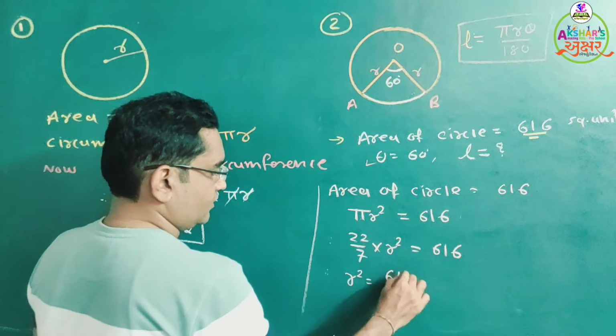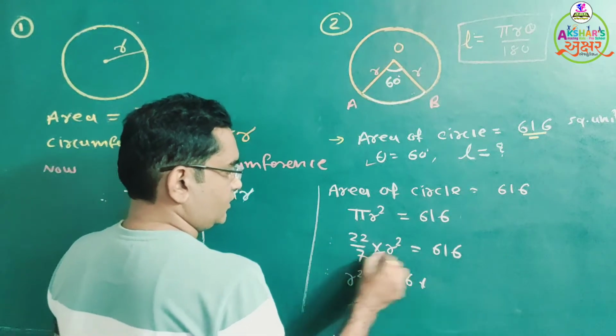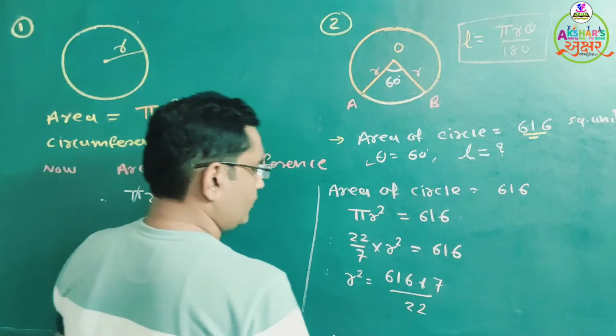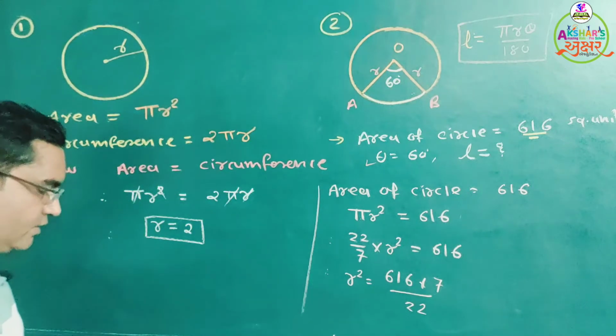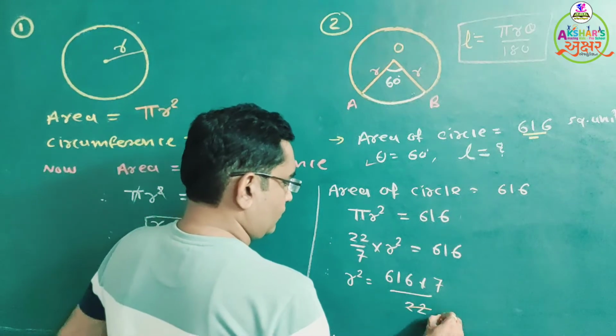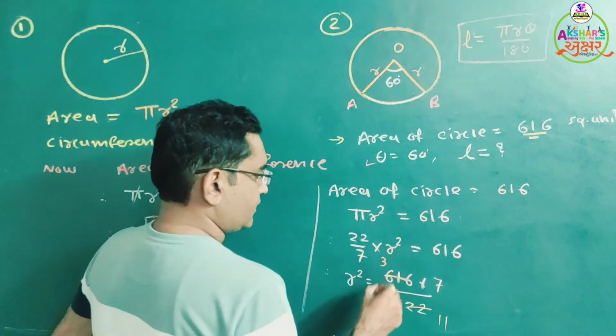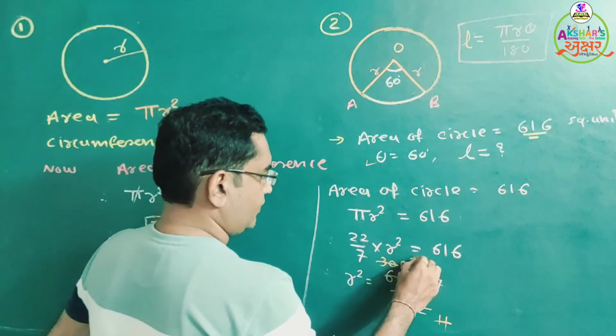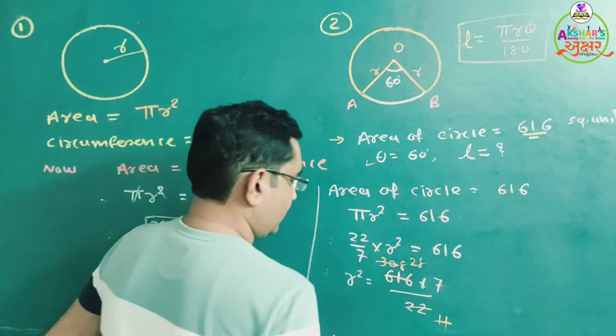So r square is 616 into 7, which goes into multiplication, and 22 goes into division. Simplify this. Here this can be cut by 2: 2 11s are 22, 2 3s are 6, 0, 2 8s are 16. It will be cut by 11: 11 2s are 22, 11 8s are 88.